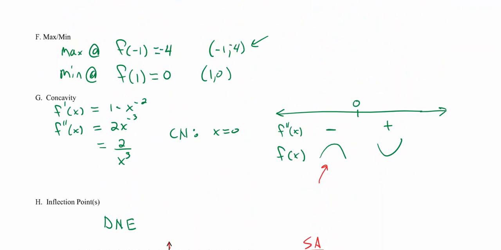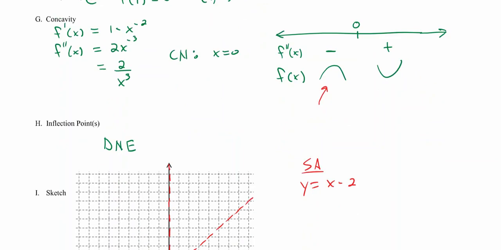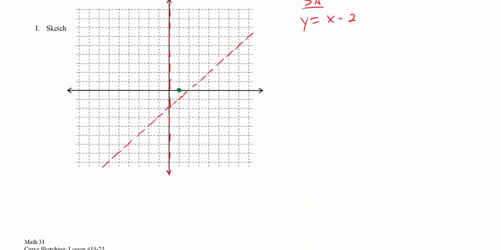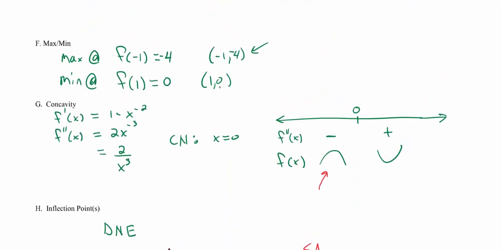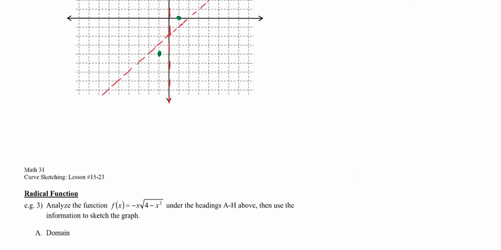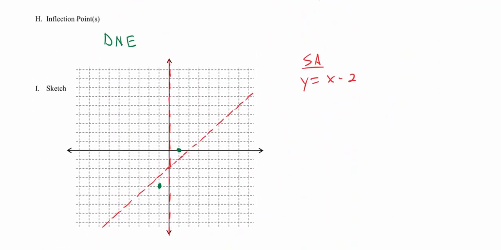This was -4. -1, -4. So if we go back here, that makes more sense. We're going to be at -1, -4. All right, so it's going to be a point there. And then we had a minimum at 1, 0. Well, that was the same as our x-intercept. Okay, so that must be a place where the graph just bounces off the x-axis, right?